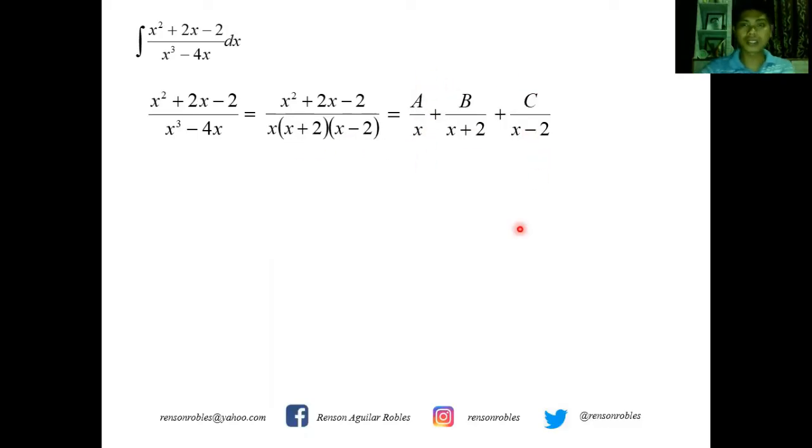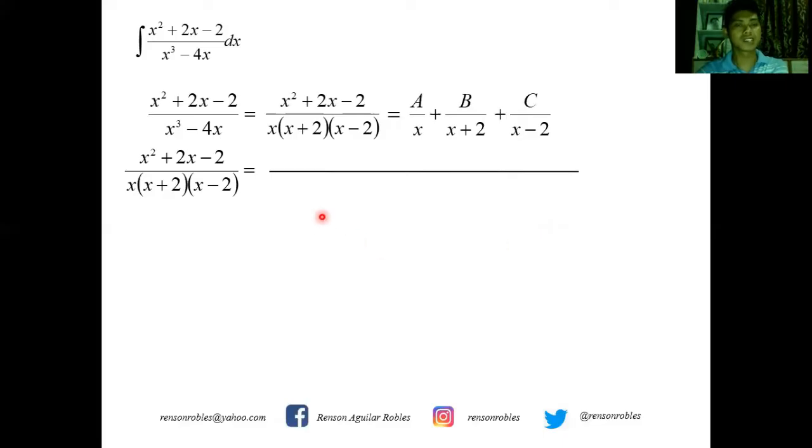Okay. So the next thing we need to do is to look for the values of A, B, and C. And that can be done if we write the right side of the equation as one fraction by getting the LCD. That's x times (x plus 2) times (x minus 2).